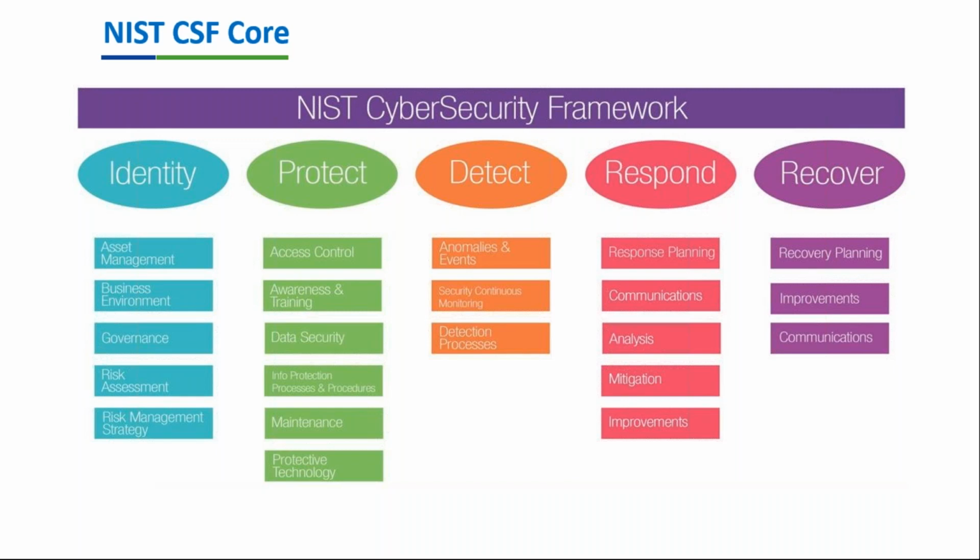And respond to an anomaly or an event, and then recover, which is disaster recovery. If an attack were to happen, how am I going to bring back my operations up and running as quickly as possible? So these are the 5 layers that are defined in the CSF core.